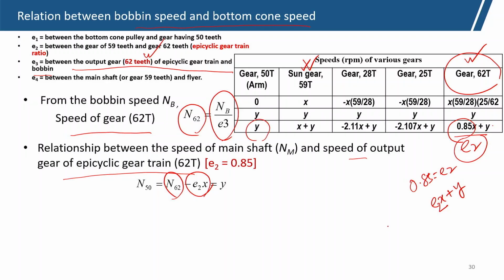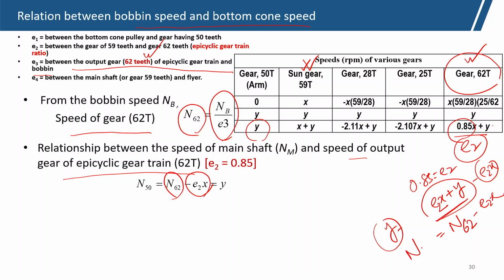So, y will be N62 minus E2 x. We can write E2 x plus y minus E2 x, and this is nothing but N62 minus E2 x, and here y is nothing but N50.